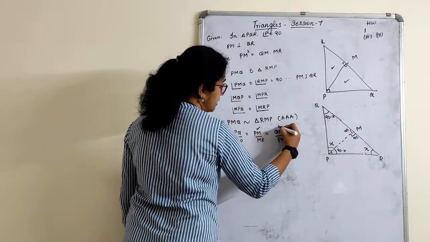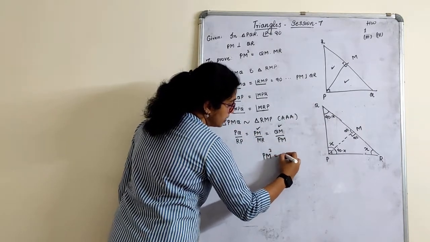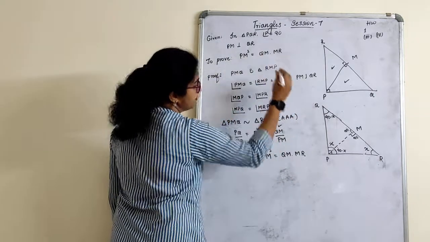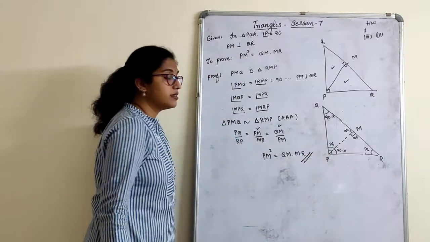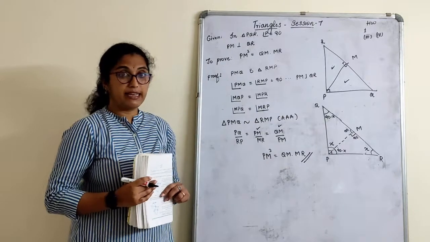So we use these two things. PM into PM is PM square is equal to QM into MR. Hence proved. The main thing is identification of the x and 90 minus x angles.